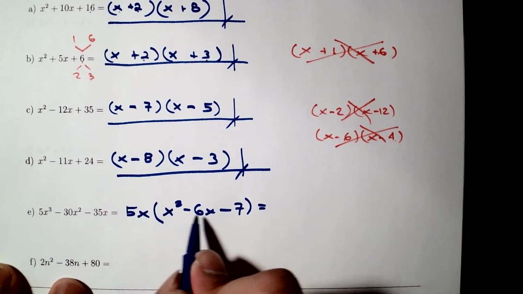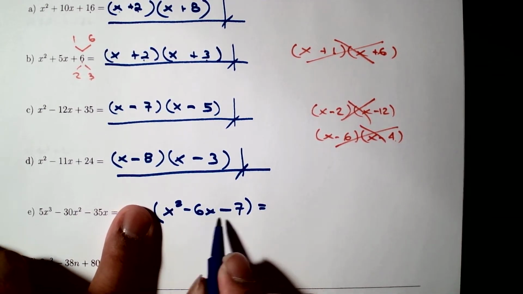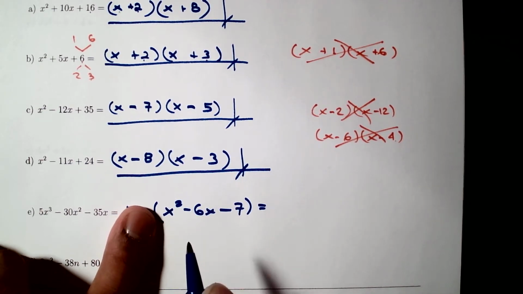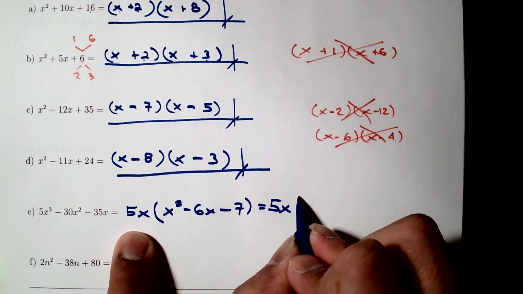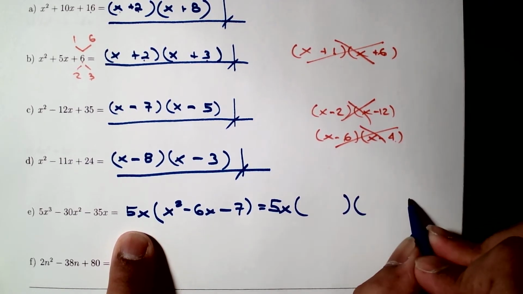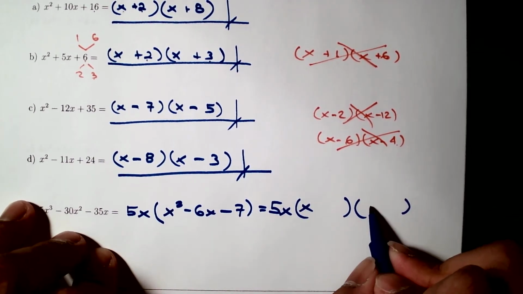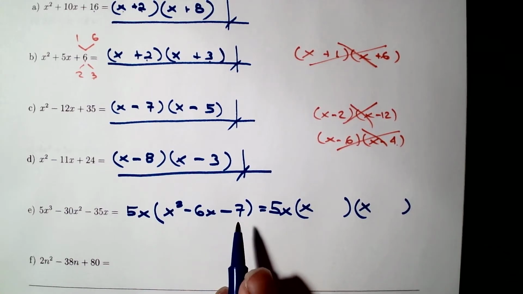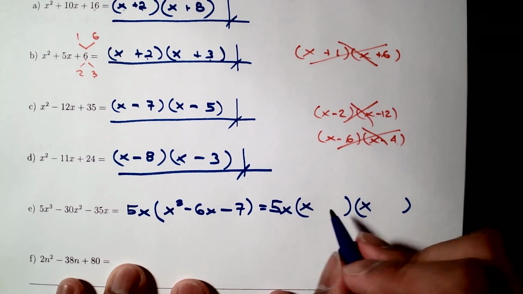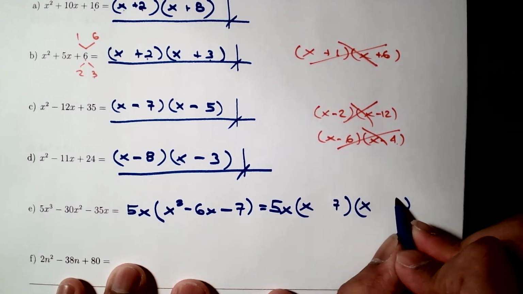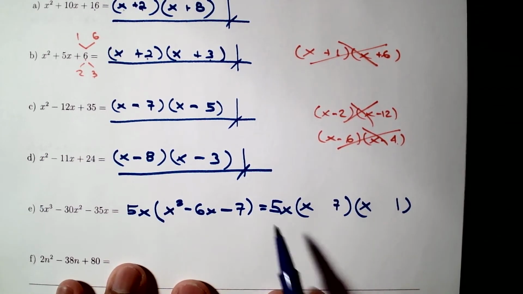So now we're going to do double bubble on the remaining trinomial that is inside of the parentheses. However, don't forget to carry this 5x and then double bubble. Now we're going to look for factors of 7 that add up to negative 6. So 7 and 1, those are the only factors of 7.